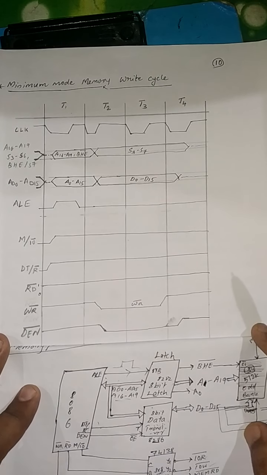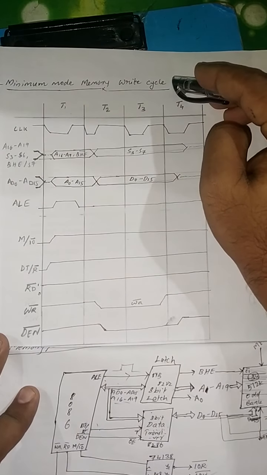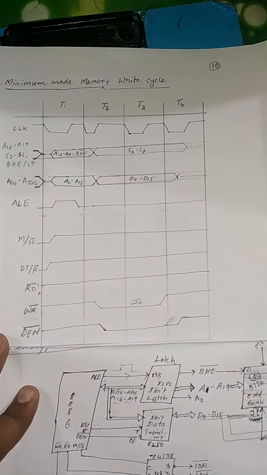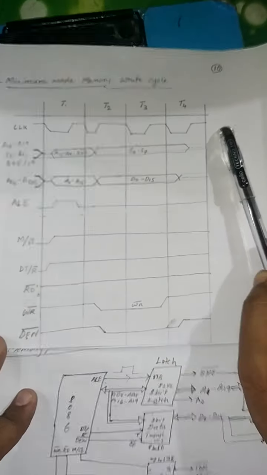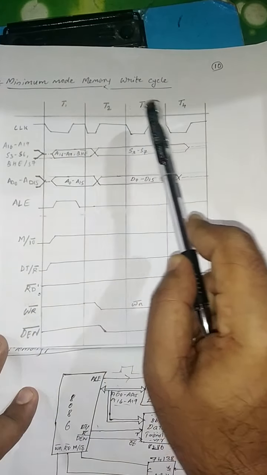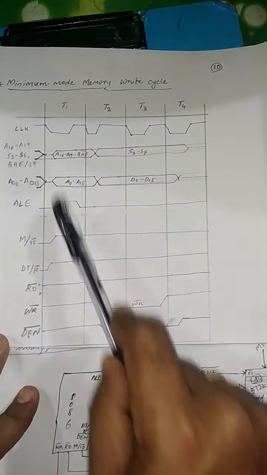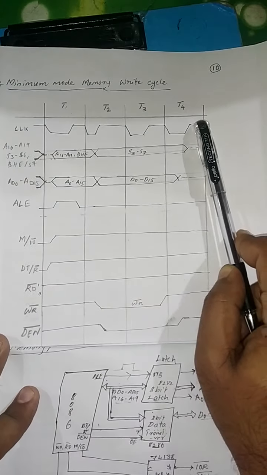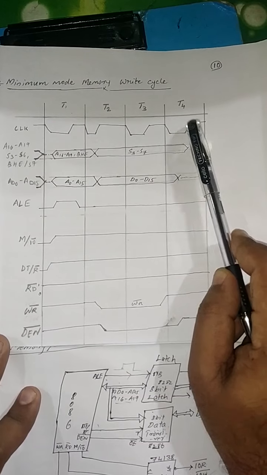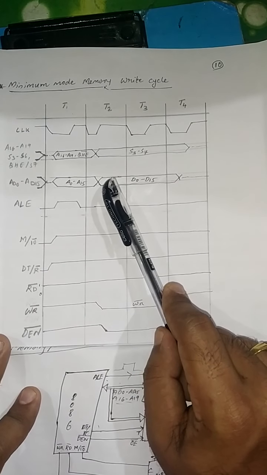So basically this is a memory write cycle, and the main signals are the clock cycles. So we have 1, 2, 3, 4. In one memory cycle we have 4 clock cycles. So based on the clock cycle, the transitions are happening.